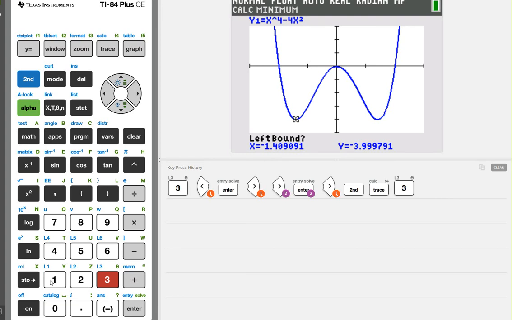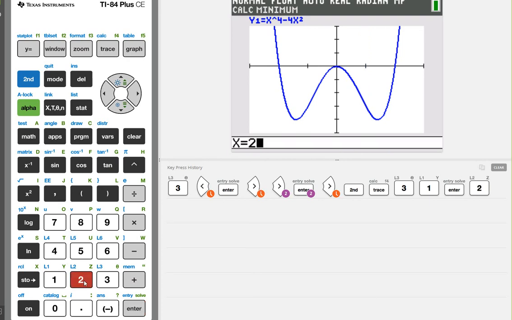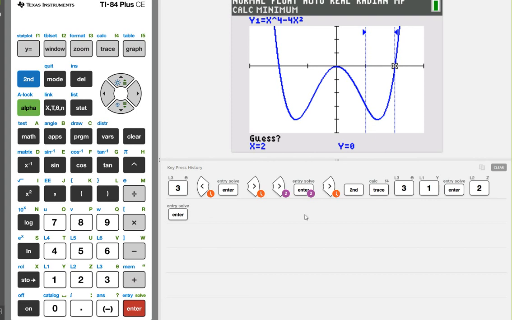Like, okay, I'm going to type in the number 1. All right, that's my left bound. And then I want to type in something else. I'll type in a 2. That's my right bound. Make sure that the minimum is in there someplace. Press enter one more time, and it should pop to your minimum. All right, looking good there.